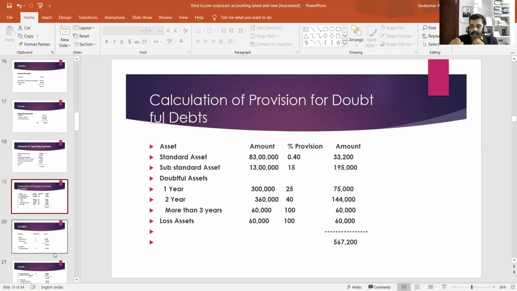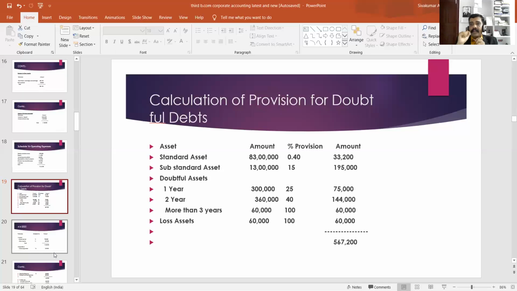But in our present situation, as a consequence of COVID-19, the Government of India has extended those 90 days to 180 plus 90 days, that will be 270 days. As a consequence of COVID-19, Government of India has extended the normal period of NPA from 90 to 270 days.